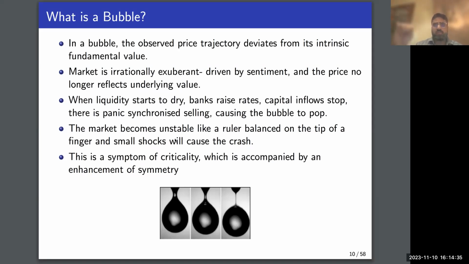And right before a bubble pops, right before the crash happens, the market or your system becomes unstable, kind of like a ruler balanced on the tip of your finger, or also like a droplet right before it dissociates itself from the faucet and falls down. It becomes highly unstable, where even a small perturbation can cause that shock. And this is essentially a symptom of what we call criticality in physics, which is accompanied by an enhancement of symmetry.